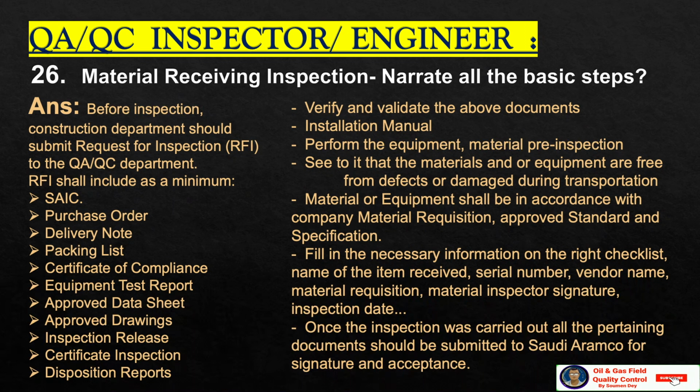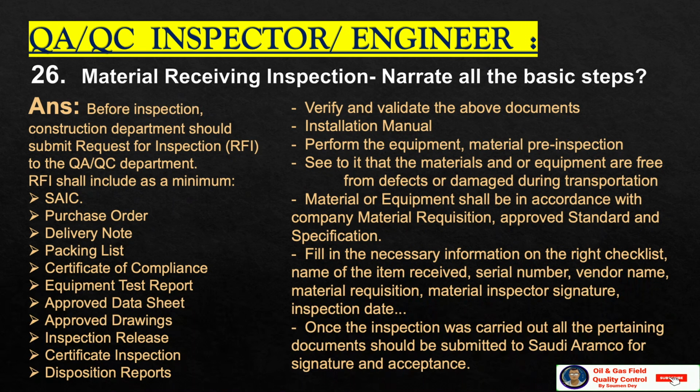Material receiving inspection, the sequence, narrate all the basic steps. Before inspection, the construction department should submit a request for inspection, which is also called RFI, to the QA/QC department. RFI shall include as a minimum SAIC, purchase order, delivery note, packing list, certificate of compliance, equipment test report, approved data sheet, approved drawing, inspection release, certificate inspection, disposition reports.